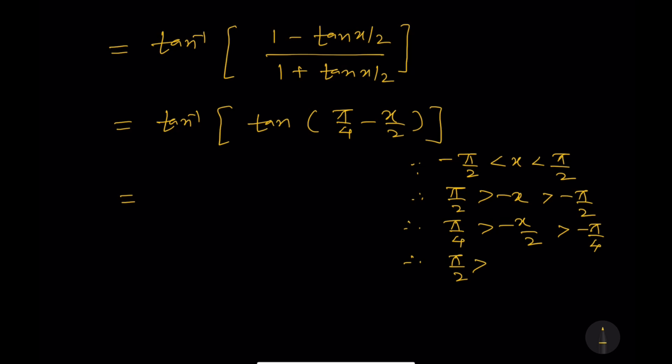Adding pi by 4 we get pi by 2 is greater than pi by 4 minus x by 2 is greater than 0. So this particular angle lies between 0 to pi by 2. Therefore we can easily write tan inverse of tan theta as theta. So theta in this case is pi by 4 minus x by 2. So our simplified form is pi by 4 minus x by 2.